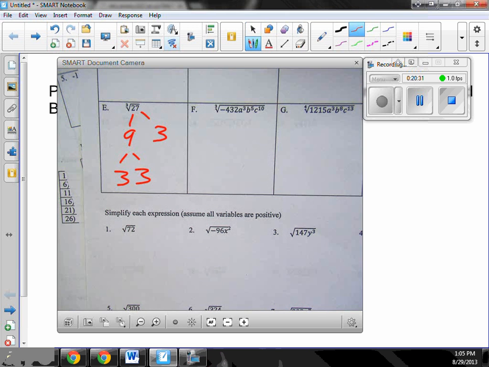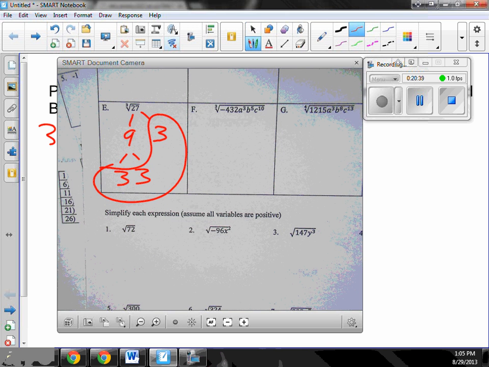do I have a group of 3? Yes. With how many left over? None. So I write 3 cubed root, what's left? So I take the whole group and I pull it out. And for every group, I'm allowed to write 1 on the outside.